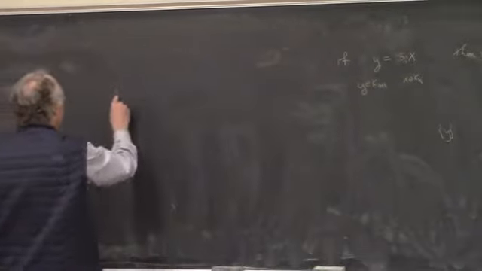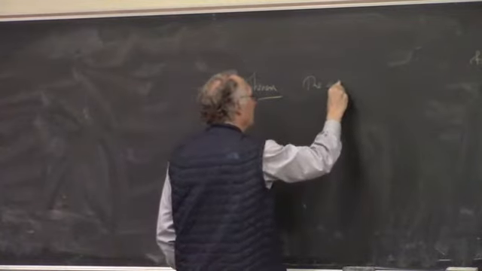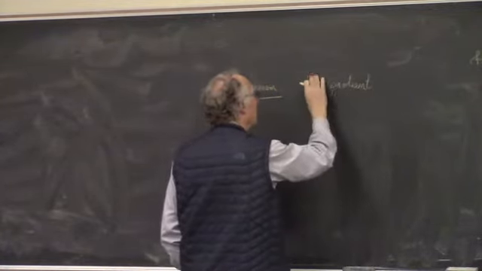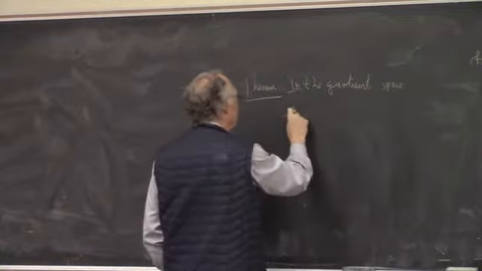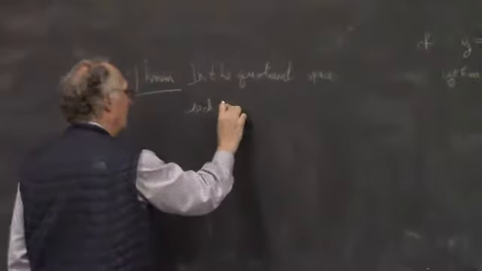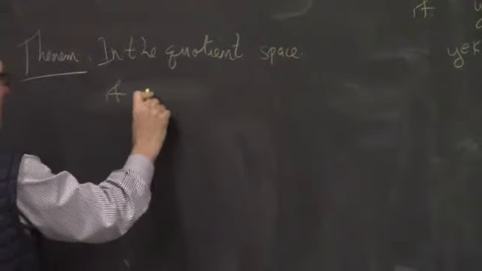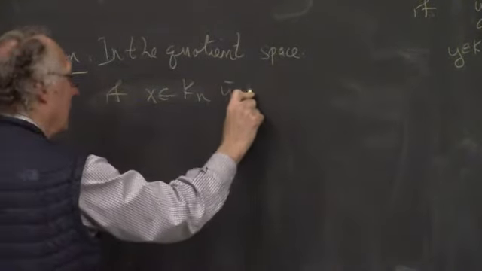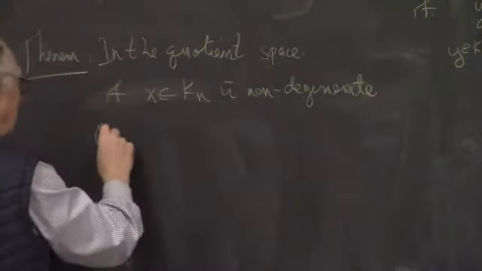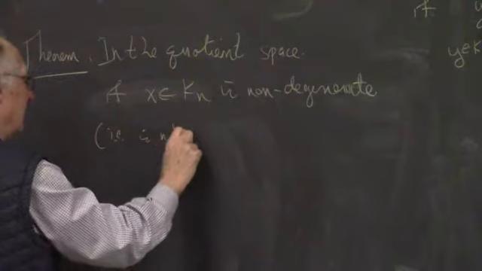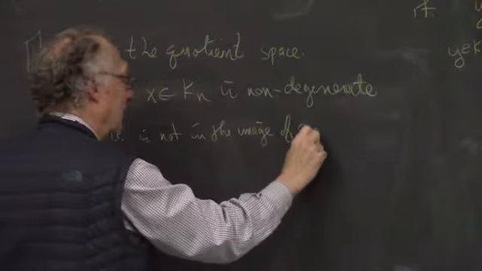But the theorem is: in the quotient space, each non-degenerate simplex x in K_n, and that means it is not in the image of any s_i.